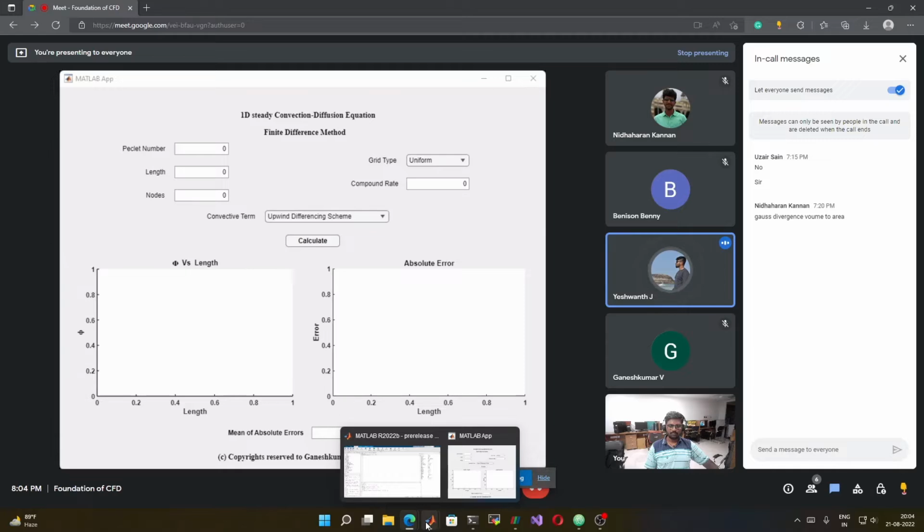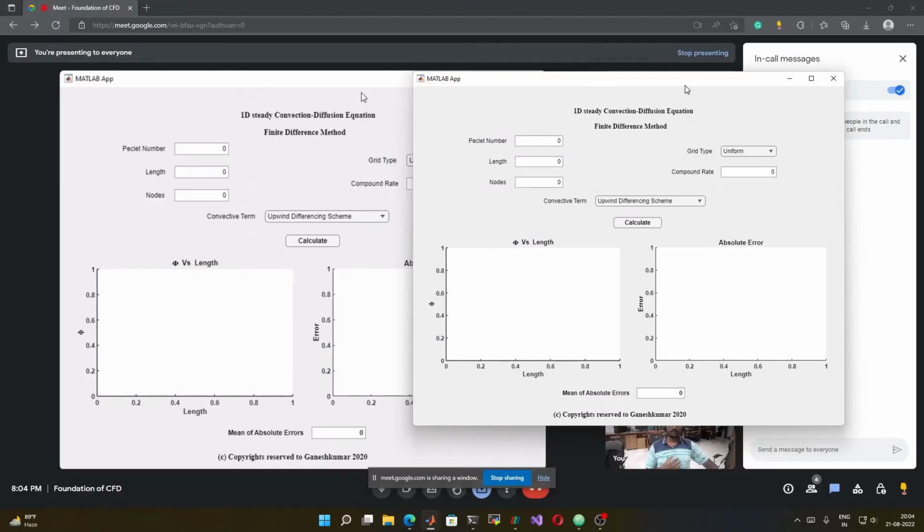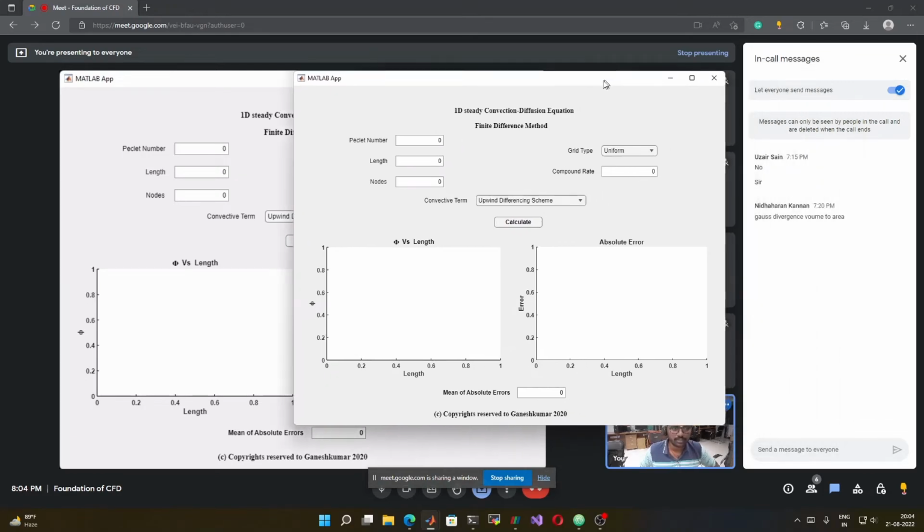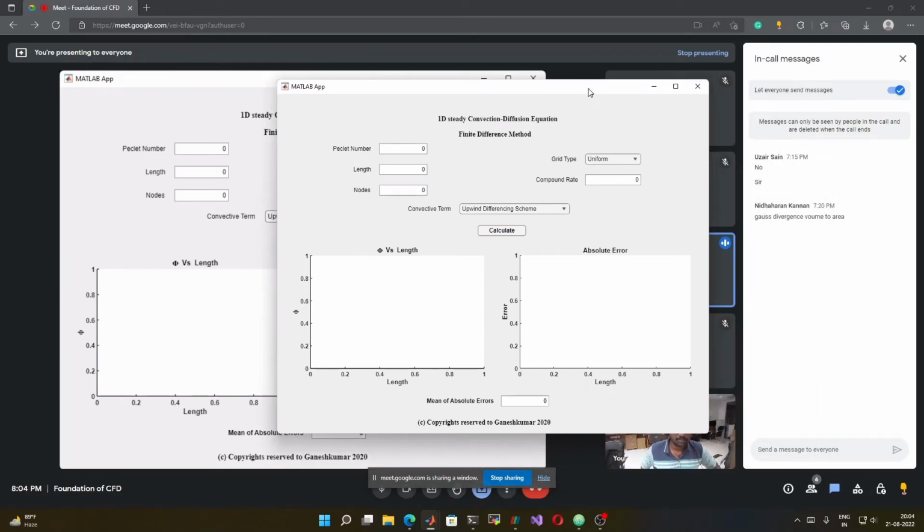Okay, were you able to see the MATLAB app? Yeah, we can see it. Okay.